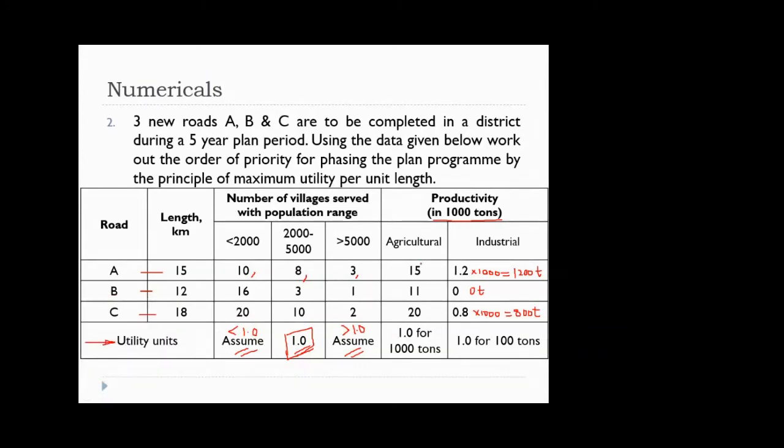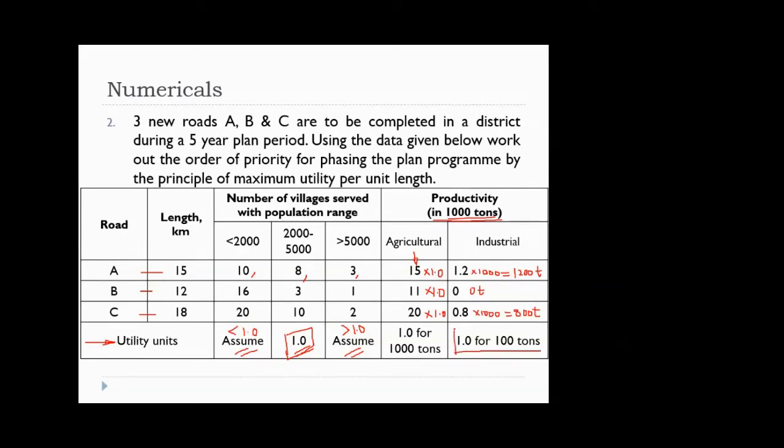These values are already in thousand tons. So what you have to do is just multiply it by 1 straight away and you will be getting the utility. And then for industrial, now here there is a change.